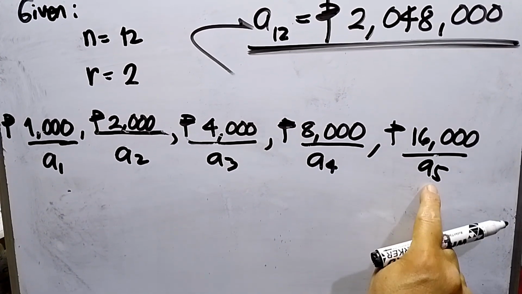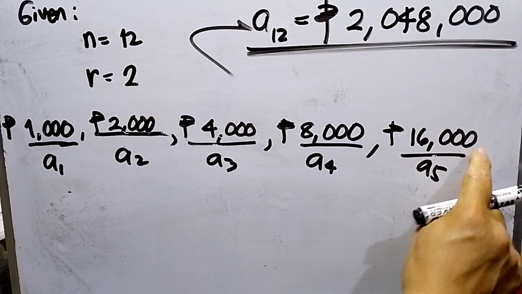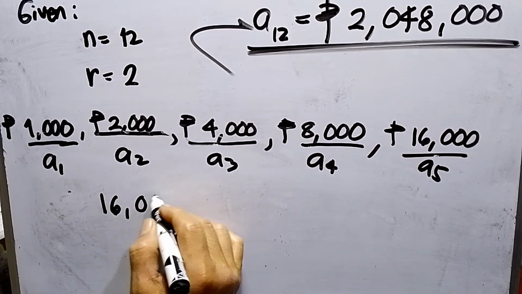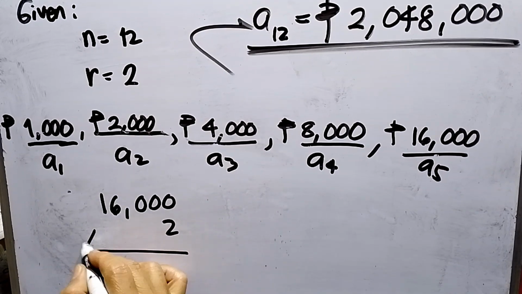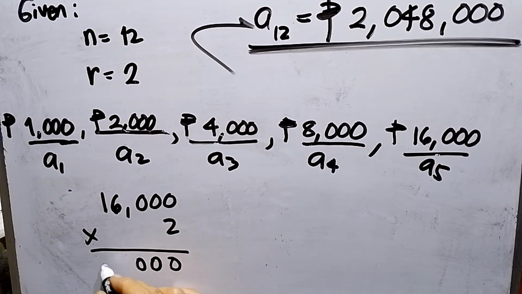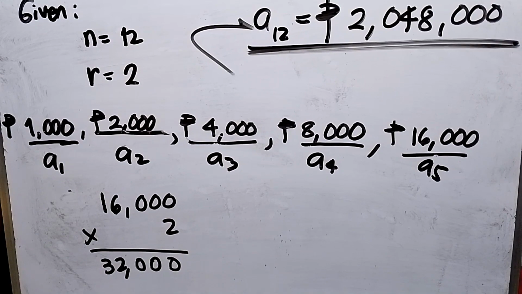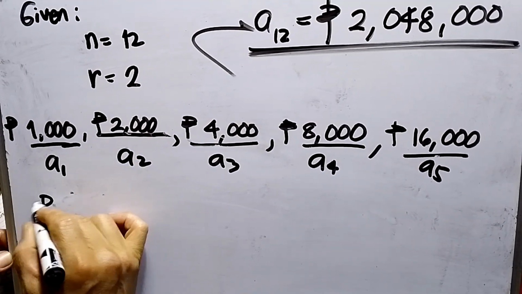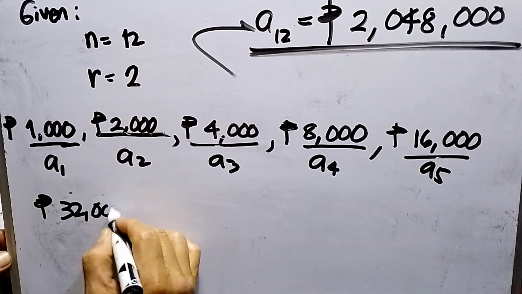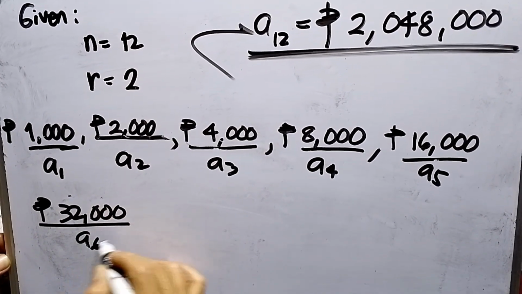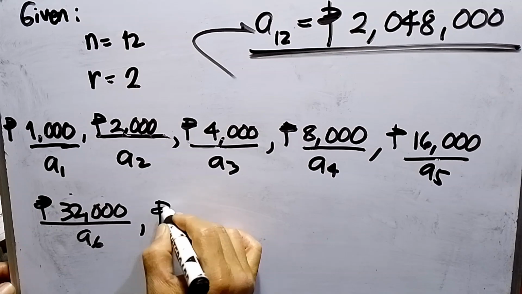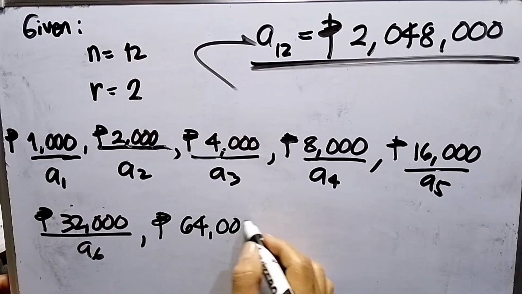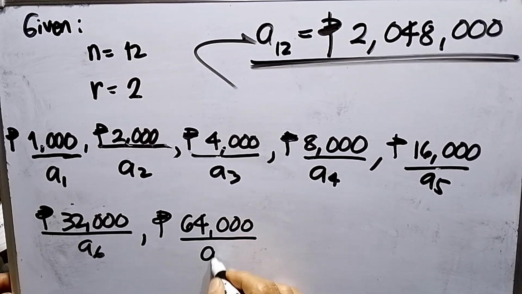So we are now at A5, which is multiplied by 2. 16,000 times 2 is 32,000. So A6 is 32,000. Then multiply by 2, so this is 64,000. This is now A7.